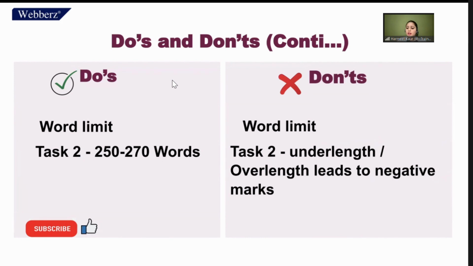So they do the same thing in their real exam and they get their marks deducted. We have to keep our word count at 250 to 270 or maximum 280 words. Being underlength or overlength, the write-up would give you less score only. They are not going to give you more score, right?